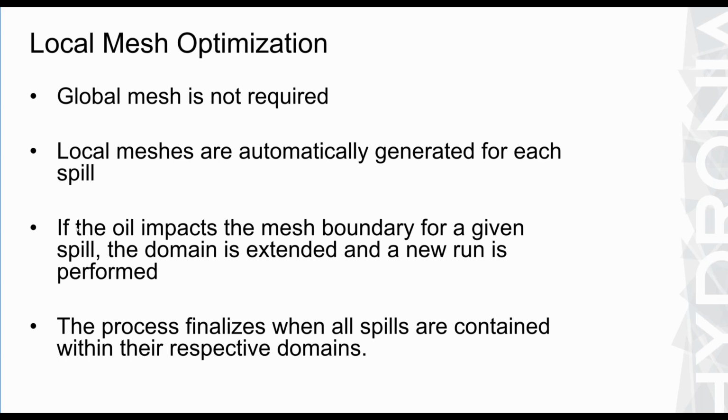So what happens in the model is that the model detects that the oil impacts the boundary of that mesh, and then extends it farther away so that it can perform a new computation, and then it continues expanding until all of the spills are contained in their respective domains.